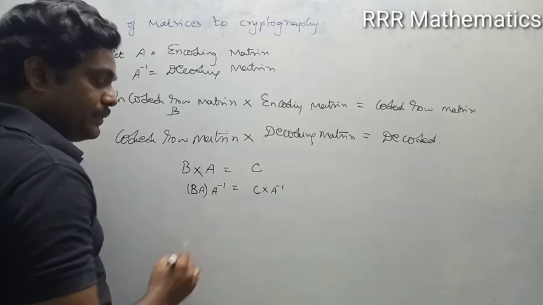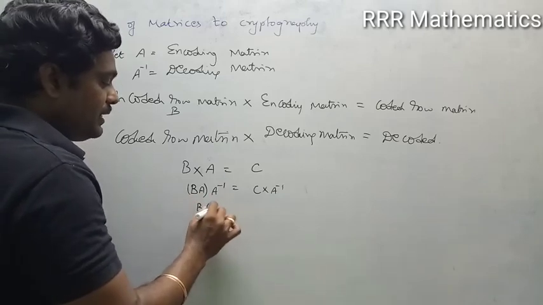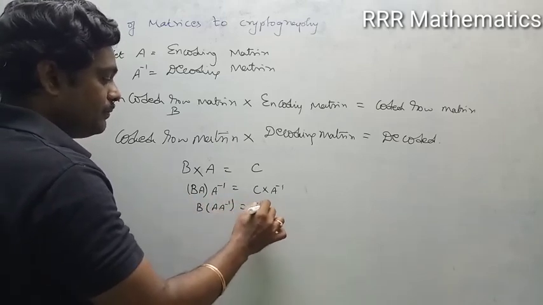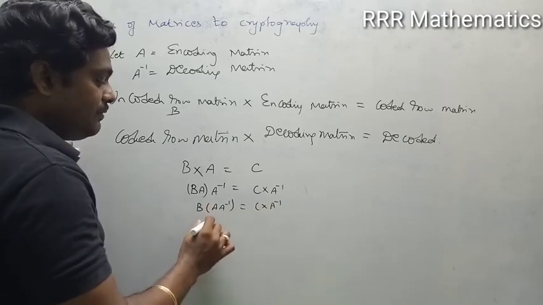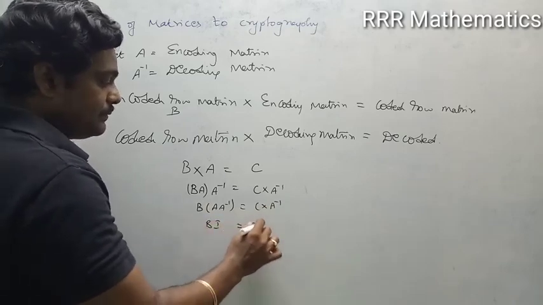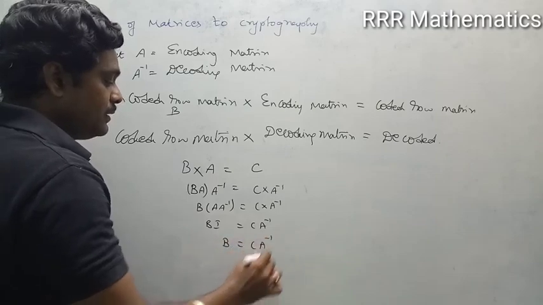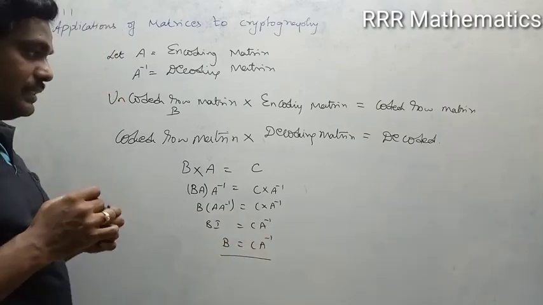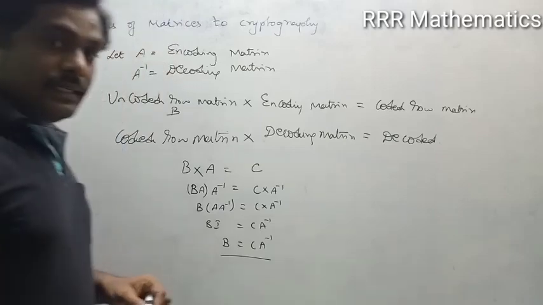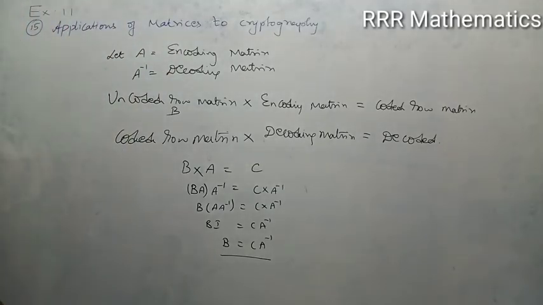By the associative property, A A inverse will come, and that is the identity matrix. Then B into I becomes B. So it gives the output, that is, the decoded matrix. This is an example given in the textbook.